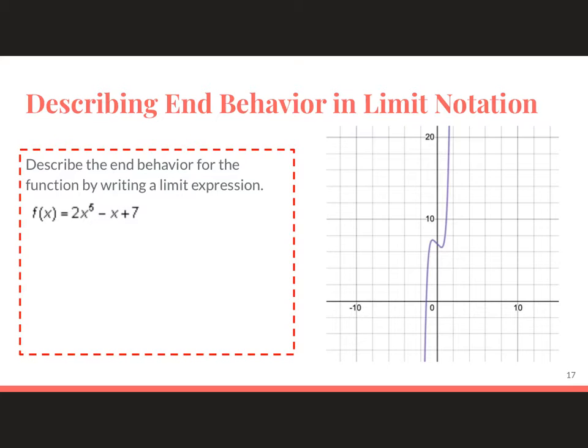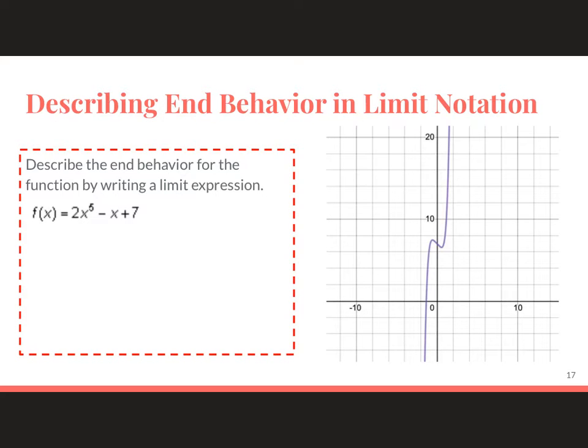All right, so let's talk about end behavior using limit notation. Whenever we're talking about limit notation over here, we're just going to generally talk about as x approaches positive infinity. But for this specific example, we'll also talk about x approaching negative infinity, because you can look at the end behavior in the other direction.